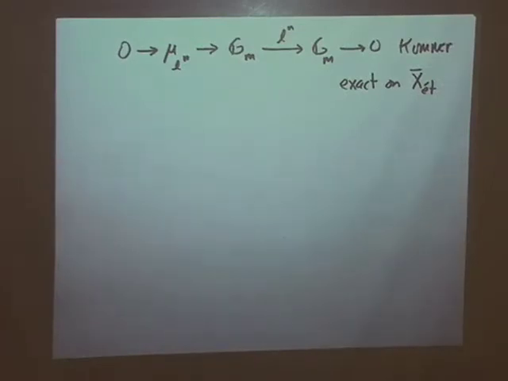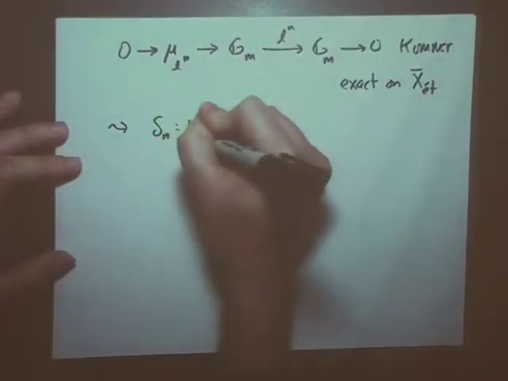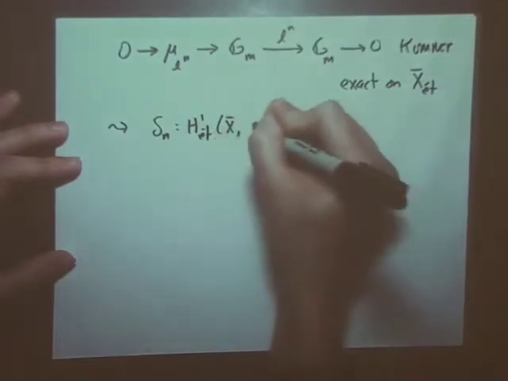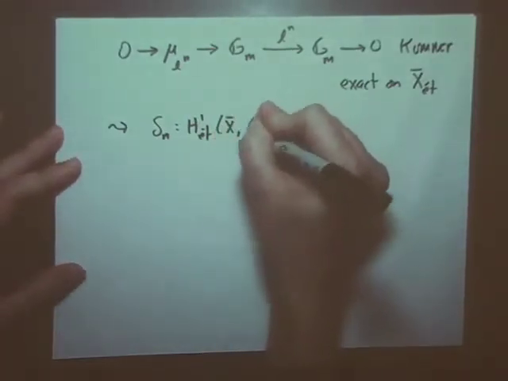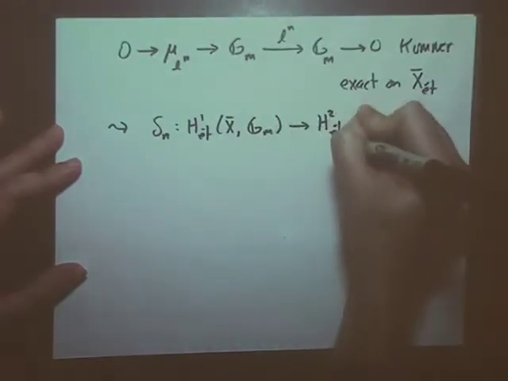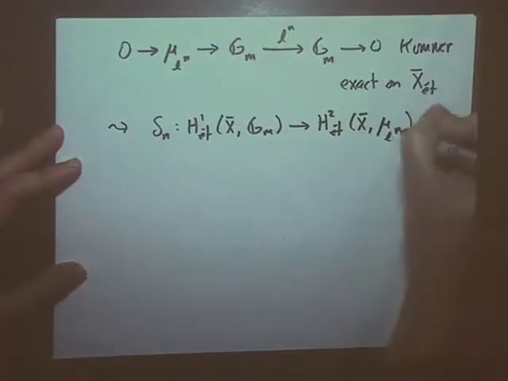And so that means I look at the long exact sequence in étale cohomology of this thing, and I'll get some boundary map. So just formally, from H^1 of X bar of G_m to H^2 étale of X bar of mu_l^n.